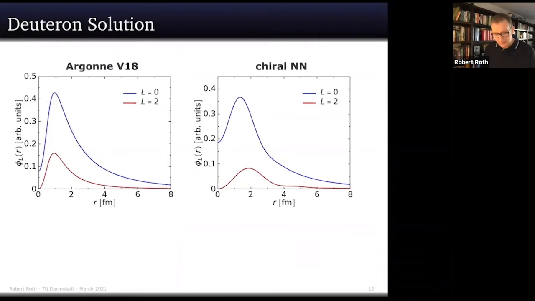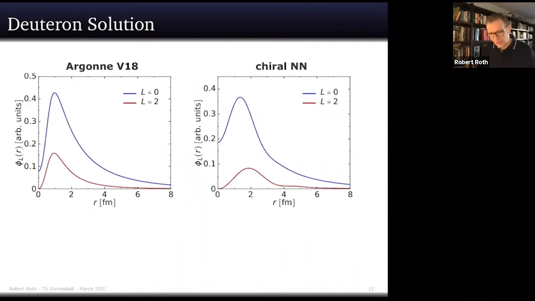Apart from that, you find that the L equals 0 piece has this suppression at short distances. The wave function goes rapidly down if you approach small interparticle distances. Now you might think, okay, am I surprised or not by that?